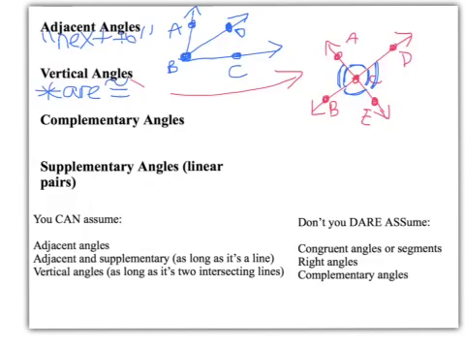Complementary angles, a cool way to remember this is that you can turn this into a 9 and this shows you that it's 90 degrees. So complementary angles have to add up to 90 degrees. So using the example that we have up here, let's say you have adjacent angles.